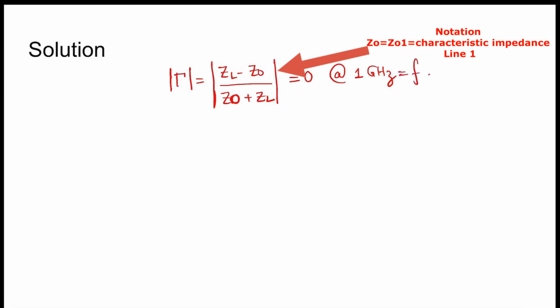So at f equal to 1 gigahertz, this implies ZL equal to Z naught. We are talking at 1 gigahertz frequency.